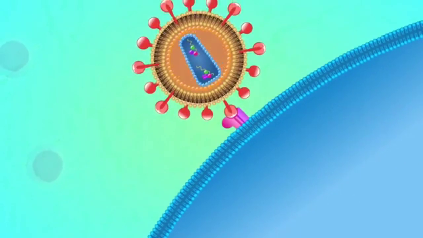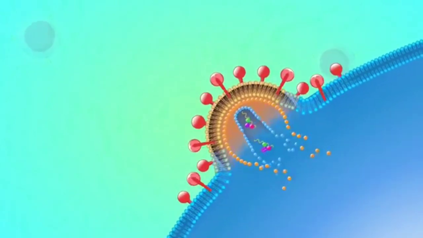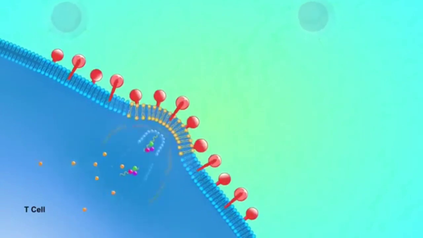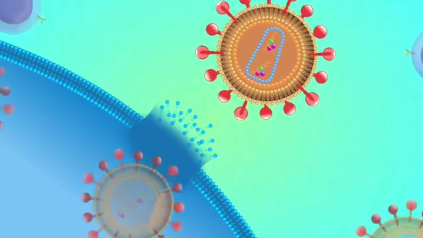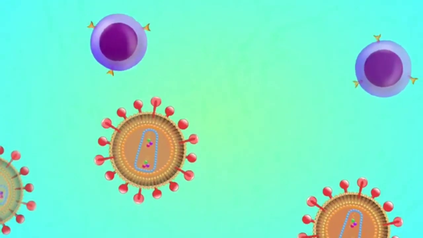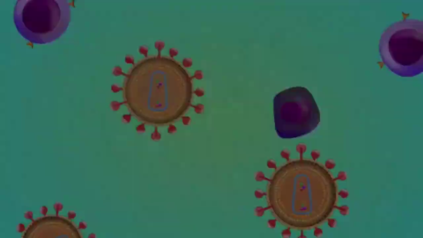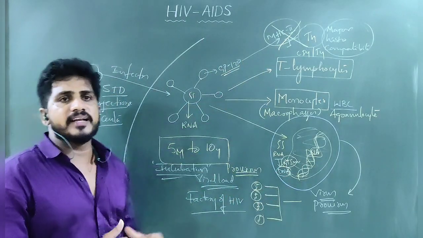The same processes occur within the T cells, resulting in new virus particles. However, as these new viruses leave the T cell, they rupture the plasma membrane, which kills the cell. As these newly released viruses invade and destroy other T cells, the body's immune response is weakened, and this leads directly to the onset of AIDS. So this is how the disease develops in our body.